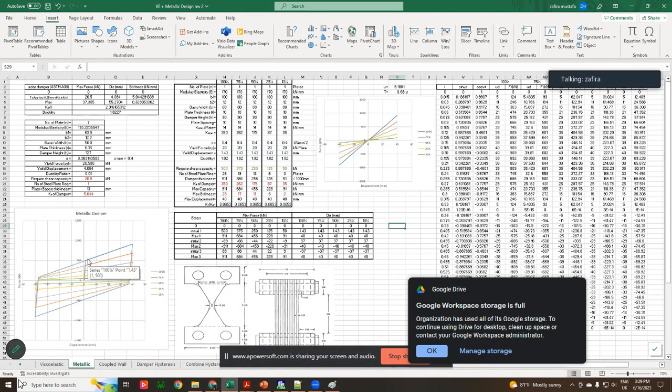It's okay because last time we discussed that after elastic it's almost constant. What do you mean constant? The force is constant until one point and then it turns back. So you mean the force is constant means flat? Yes, after yielding. It should be like that.